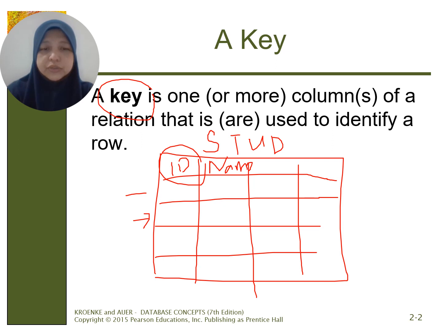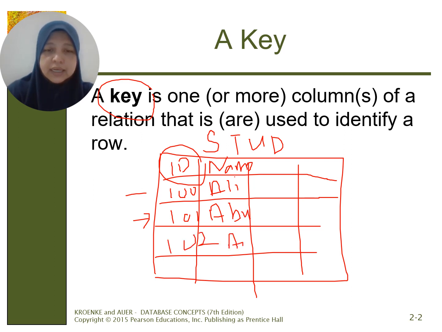For example, student ID 100, 101. So 100 is Ali, 101 is Abu, 102 is Amina, and so on and so forth. So you cannot have 100, 100, Alice.